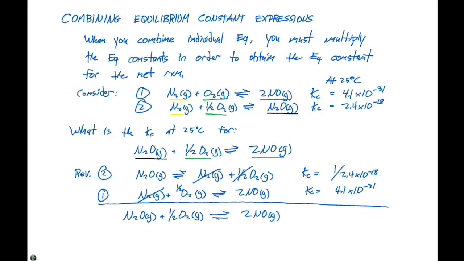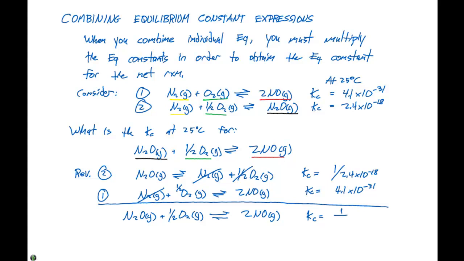And now we have to figure out what the Kc of this is. If we're determining an equilibrium constant for a net reaction that's made up of two or more reactions, the Kc is going to be the product of all of these equilibrium constants.